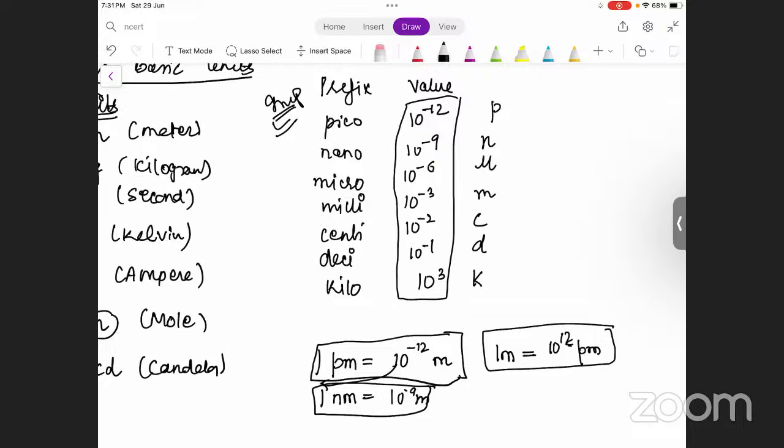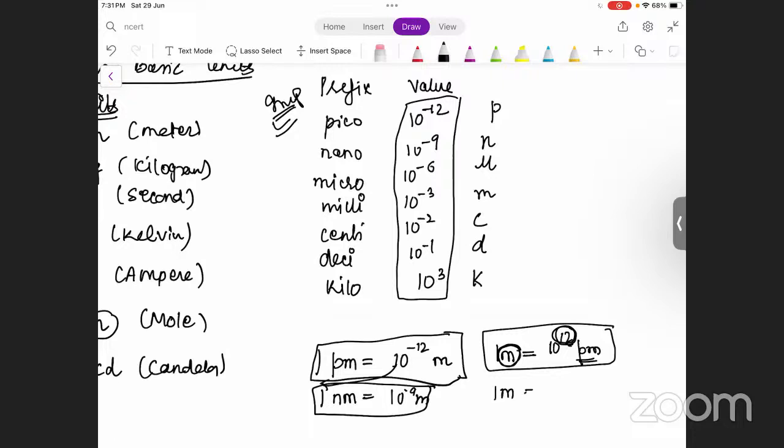Whenever you are going from a unit which is larger in value to a unit which is smaller in value, then obviously the power will always be positive. For example, as you can relate it with meter and centimeter.